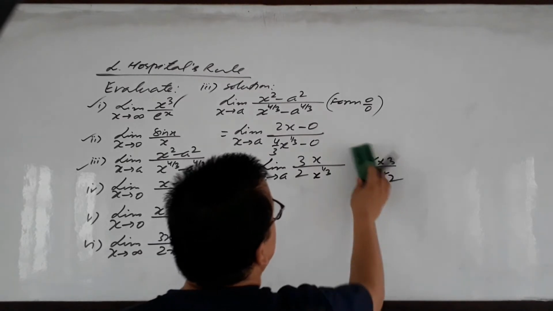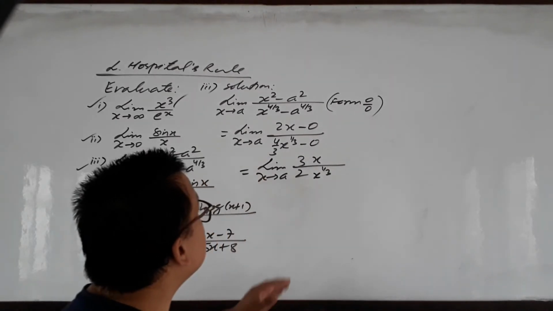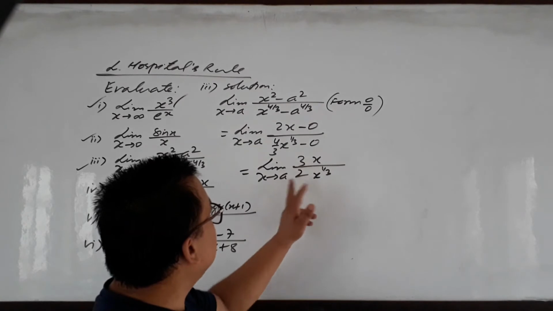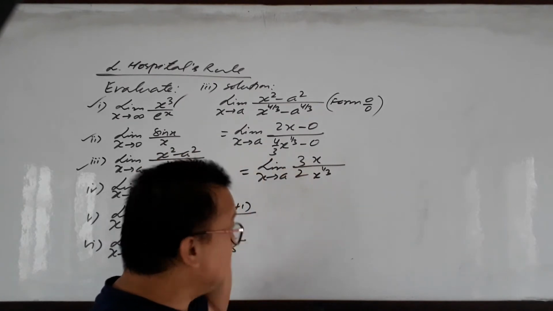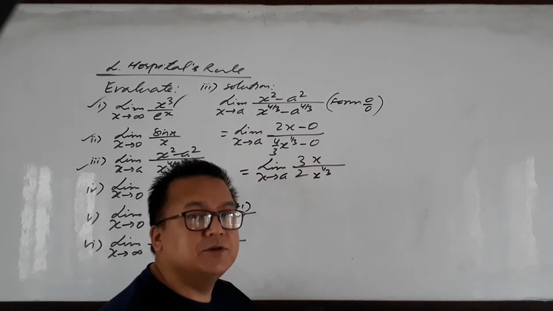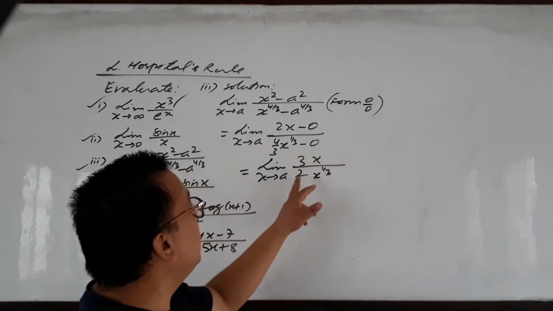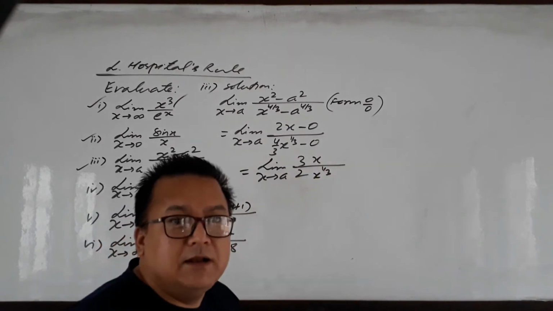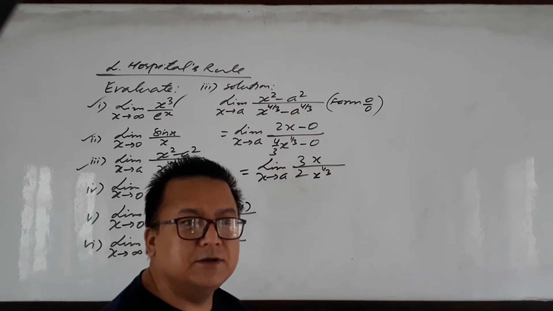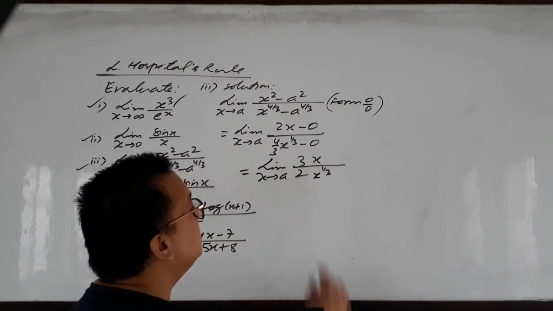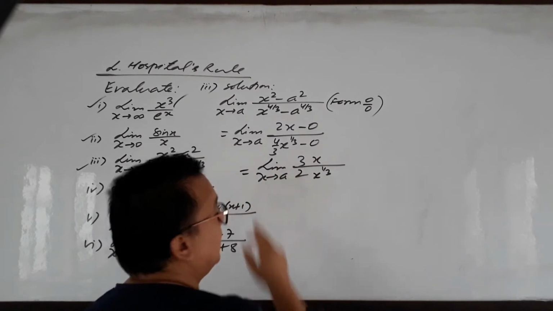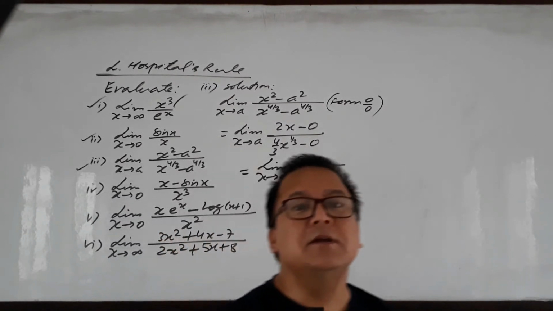Now listen to me, if you are thinking about x tends to a here with x raised to 1/3, now we can't use L'Hospital's rule because we are not going to get a 0 upon 0 form here. Sometimes what we do is ignore it and then again try to find the derivative.